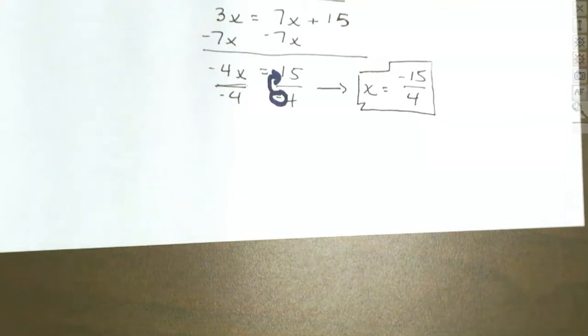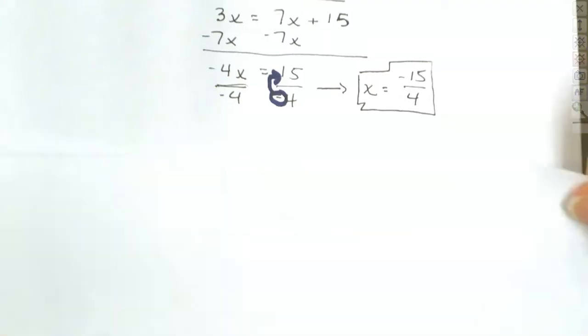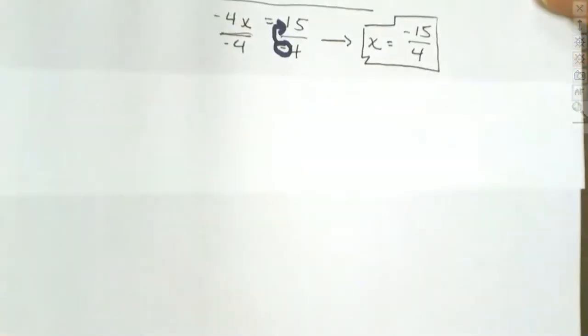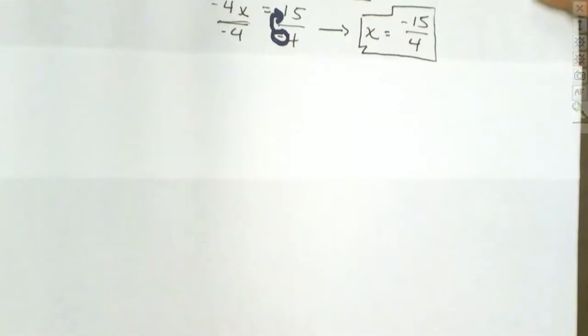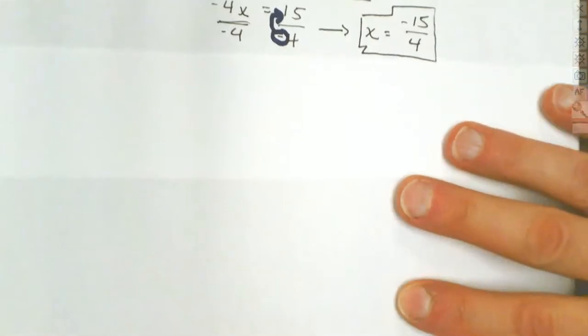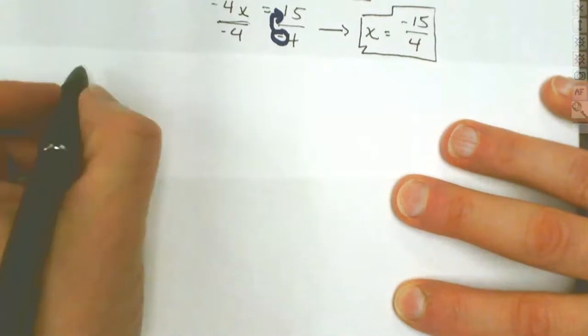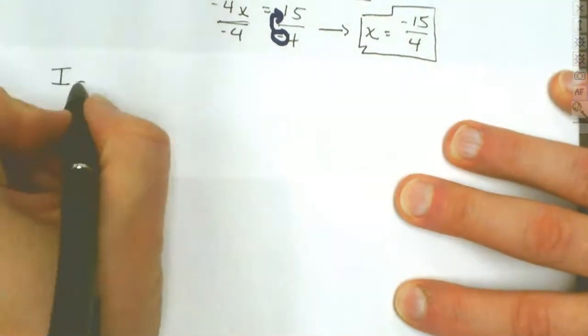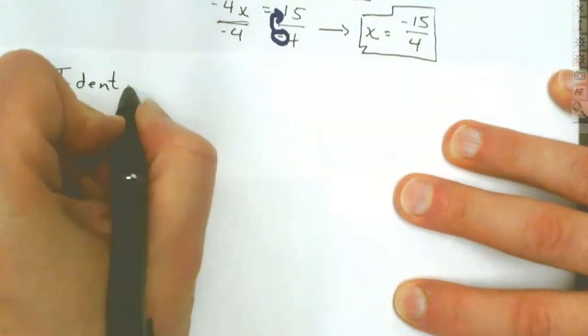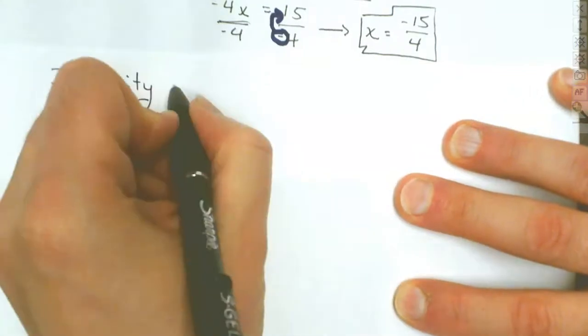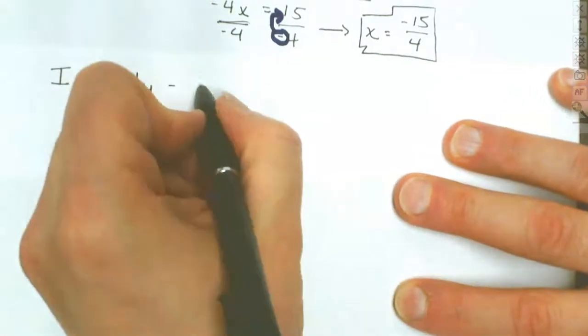Another type of equation that you may encounter is an identity. We'll do the identity first, and then we'll talk about a contradiction. Now, in an identity, the sides are the same.